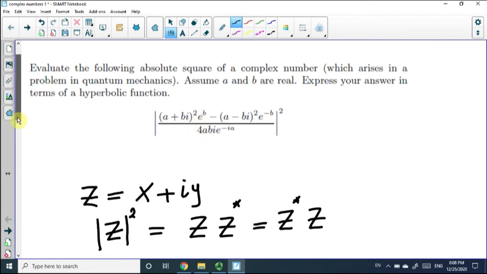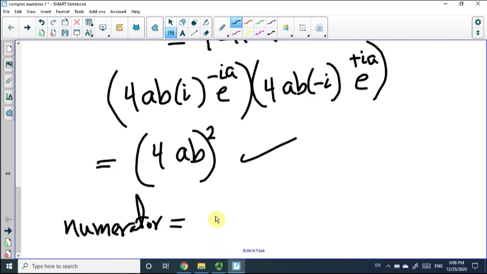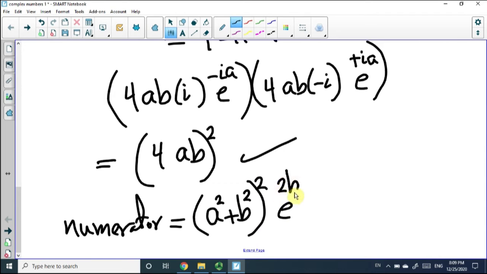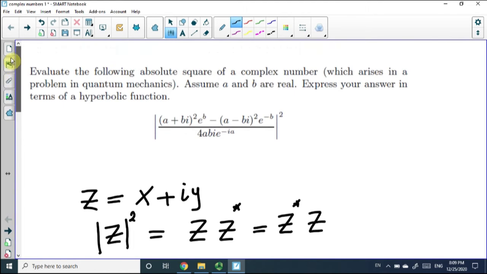So the first term in the expression will be a squared plus b squared, and the exponential will be squared, so it will be e to the 2b. How did I get this? I just took this complex number and multiplied it by its complex conjugate.